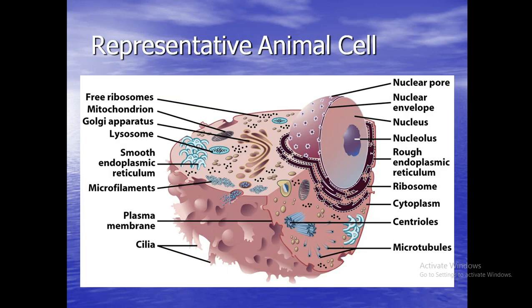See, this is a eukaryotic cell, an animal cell. See how many organelles you can see here, compared to the prokaryotic cell that you have observed.